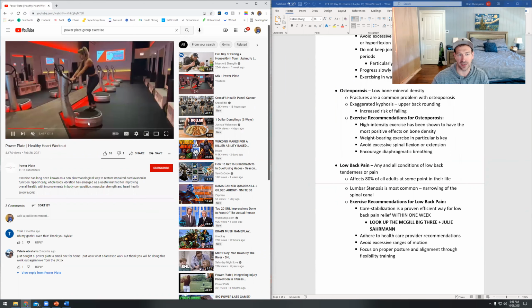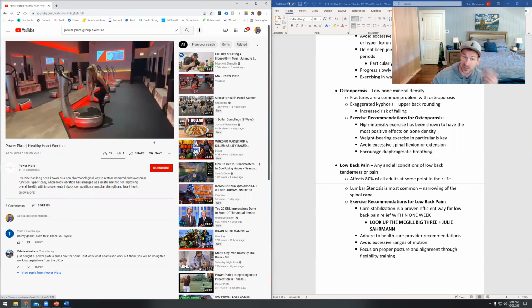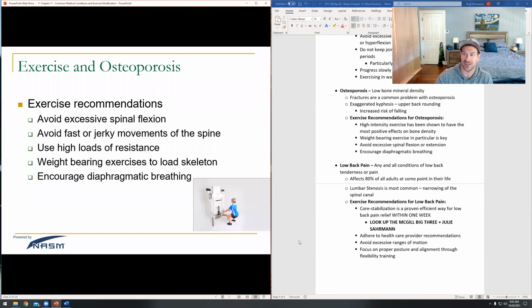You can see she's doing some exercises here that are modified to incorporate the power plate. This is vibrating at a frequency that has been shown to have very positive benefits on bone density. Unfortunately, those machines are very expensive. They're like 10 grand. But you can get power plate certified if you end up wanting to work with seniors and stuff like that.